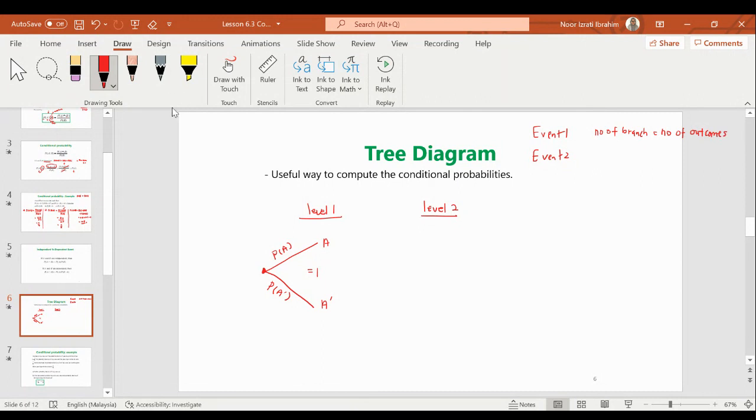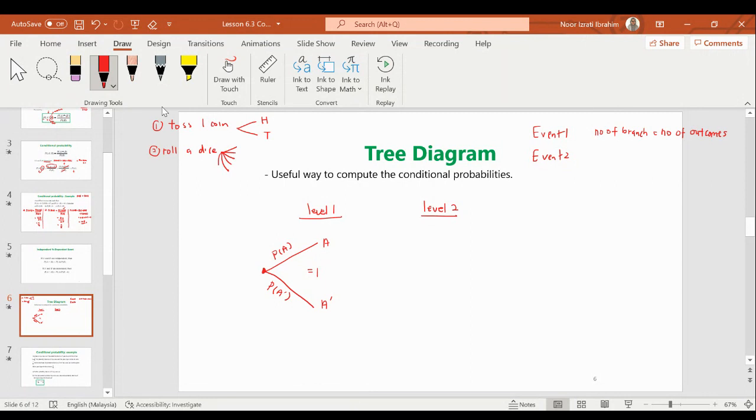For example, if we toss one coin, the outcome is only head or tail, so you only have two branches. But if we roll a dice, how many do we have? We will have 6 branches: 1, 2, 3, 4, 5, 6.